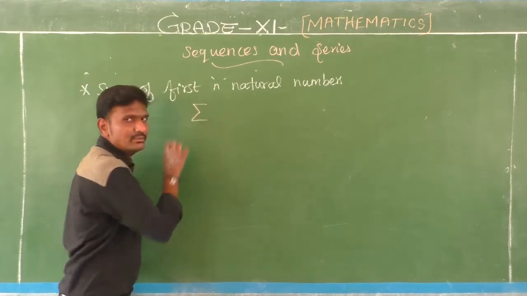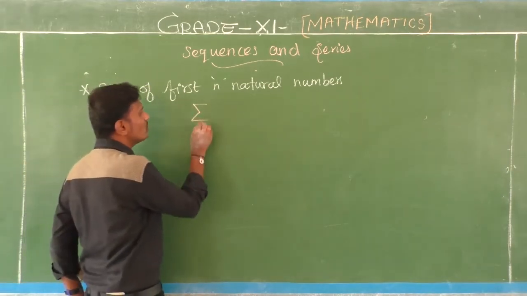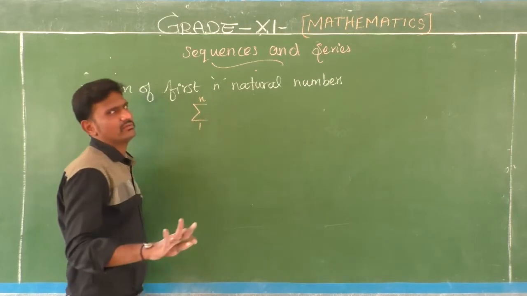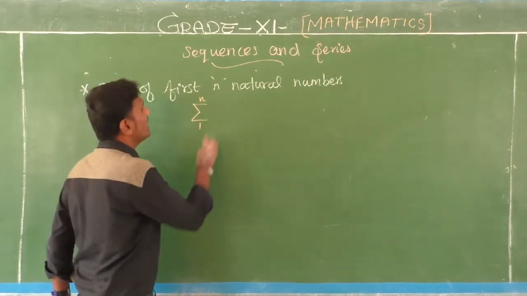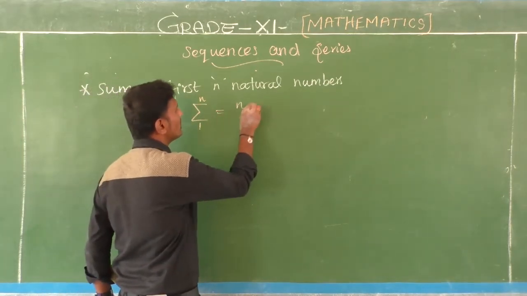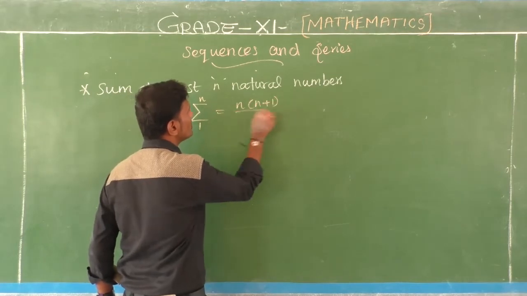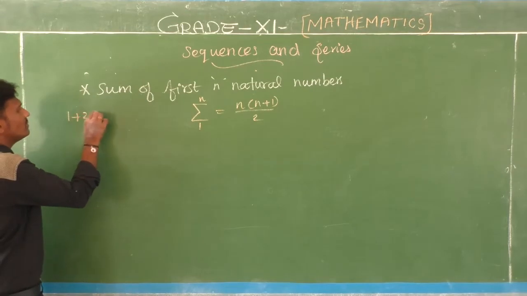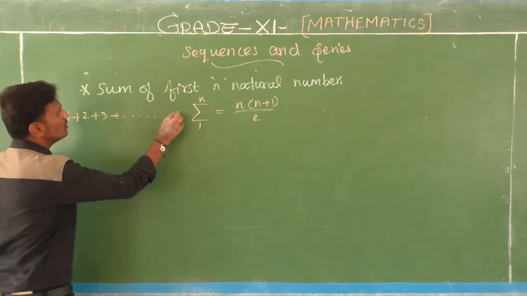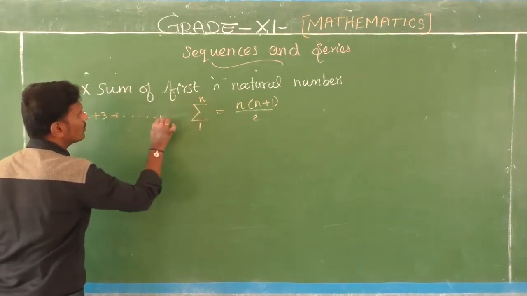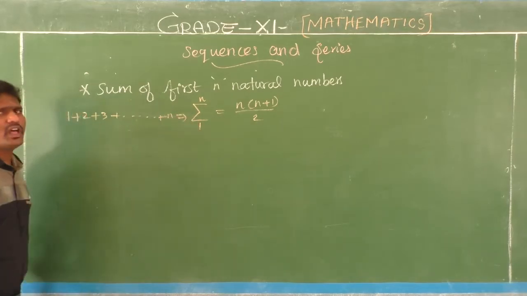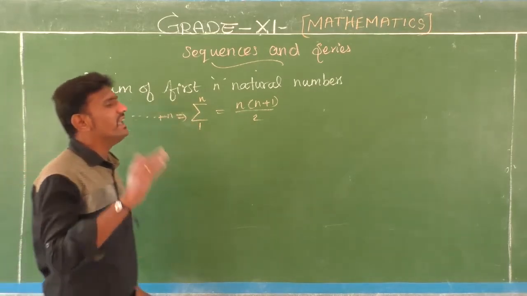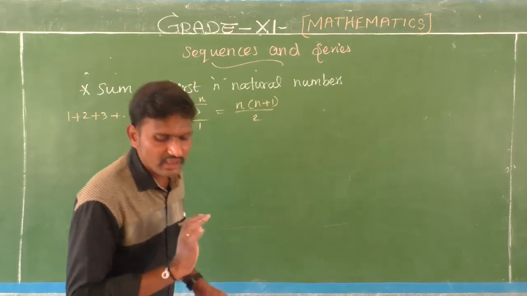Do you know the symbol's name? Summation 1 to n, or k, anything, students. Here I am using the formula n into n plus 1 whole divided by 2, which is how we complete 1 plus 2 plus 3 plus up to n. So this is the formula for the sum of the first n natural numbers.